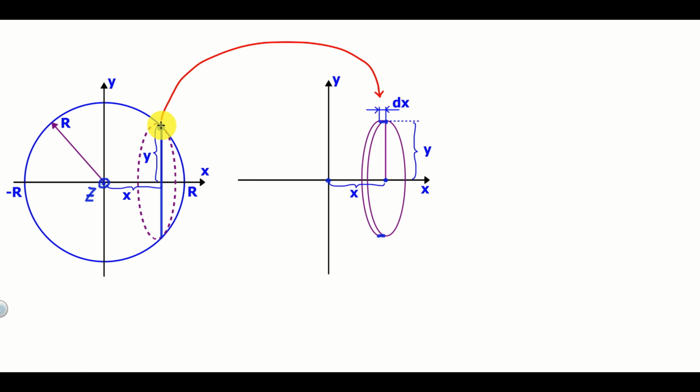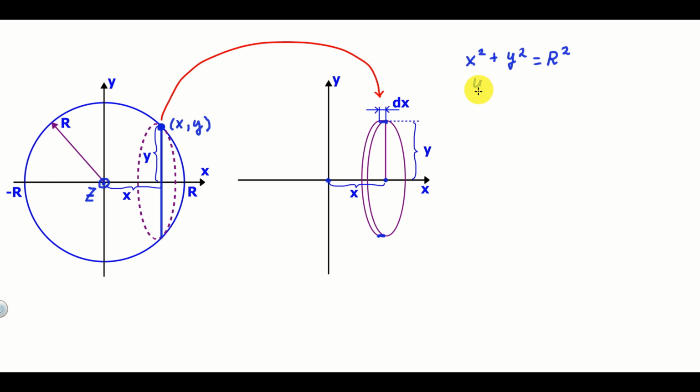This point over here has coordinates x and y. Since this point belongs to this circle, it should satisfy the equation of the circle. Consequently, since the radius of this circle is r, we will have that x squared plus y squared is equal to r squared.